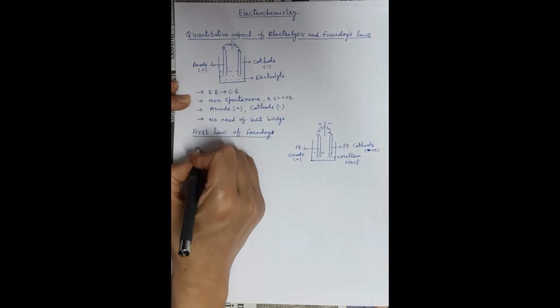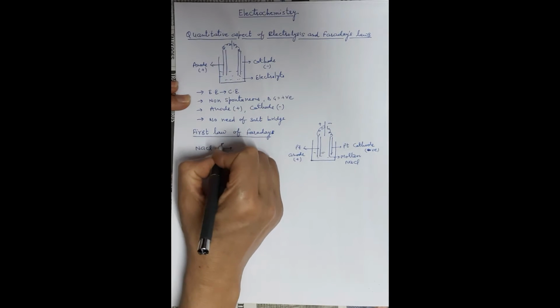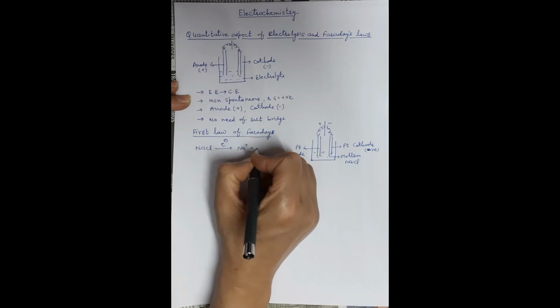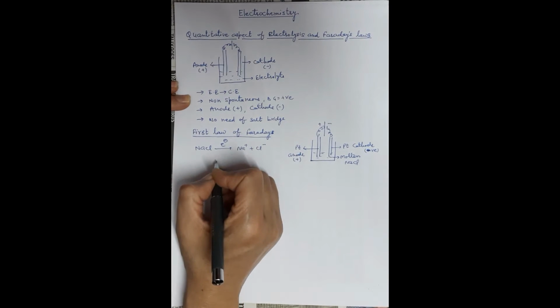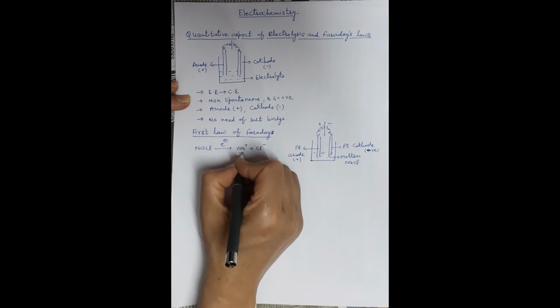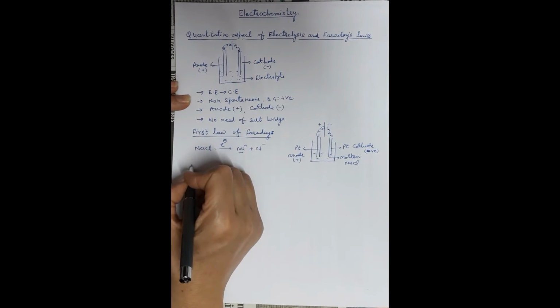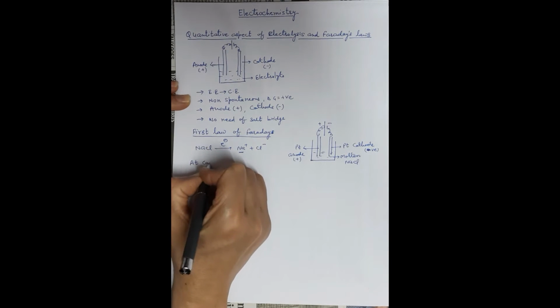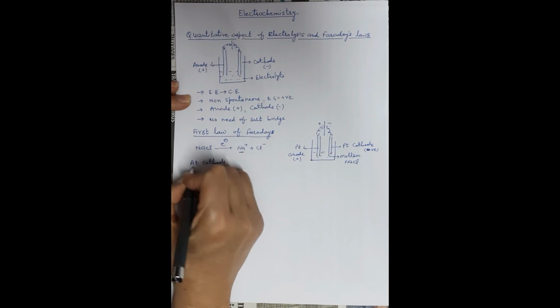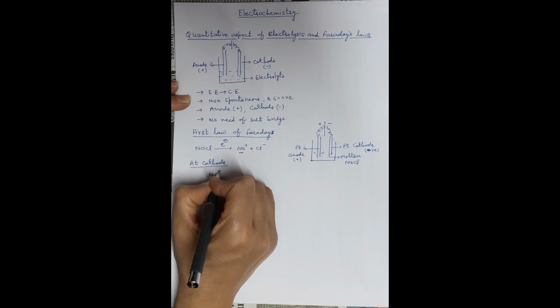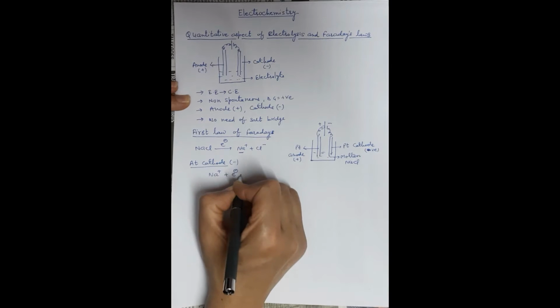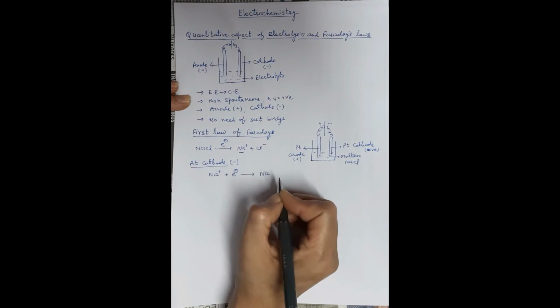You already know that when electricity is passed through sodium chloride, it ionizes as sodium ions and chloride ions. Sodium ions, being positively charged, will move towards the negative terminal, which is the cathode. At the cathode, sodium ions will be attracted and undergo reduction and change to sodium metal.